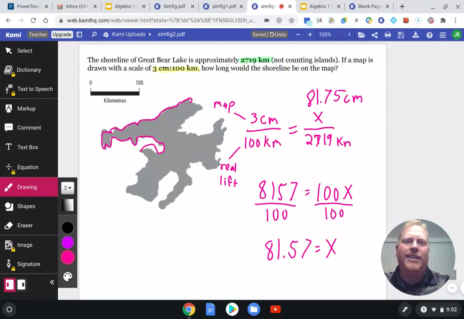If I could measure that entire shoreline, I'm pretty sure that that would be 81.75 centimeters. So that's how we use proportions with a scale figure, is they will give you a scale factor. And you have to use that scale factor as one of your fractions, and then go ahead and set up the rest of the proportion.